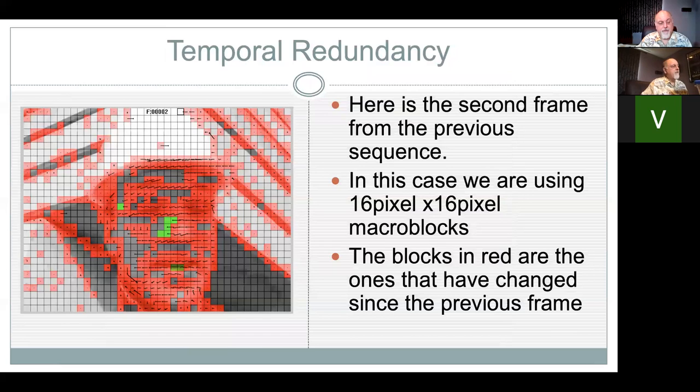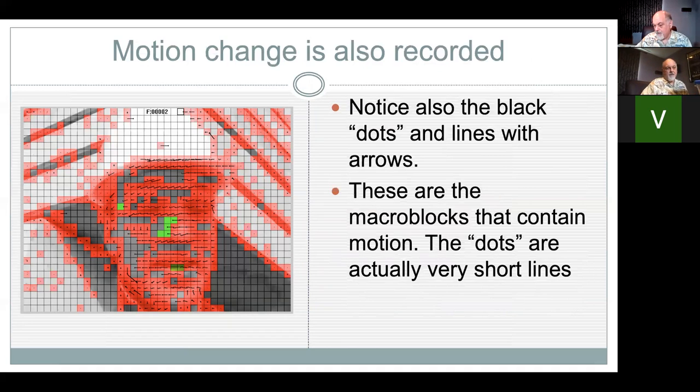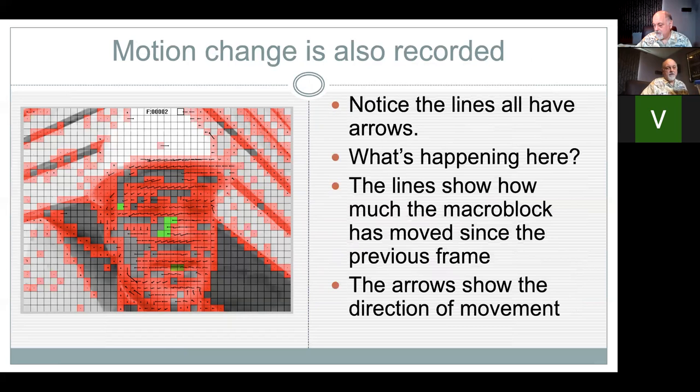So here's the second frame now after that, and it's moved again, and I've highlighted again the red squares. I'm just repeating what I've said. These black lines show the direction of motion, and the arrows in the black line show the direction of motion from the previous frame, and that's what's being recorded.